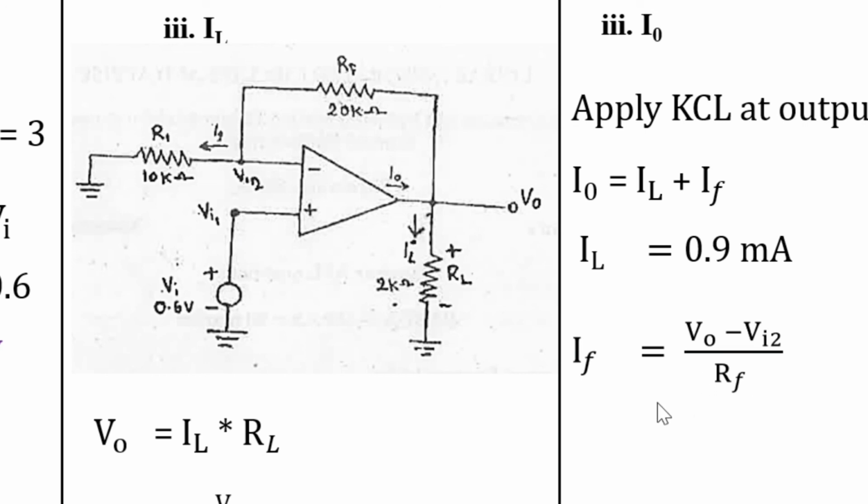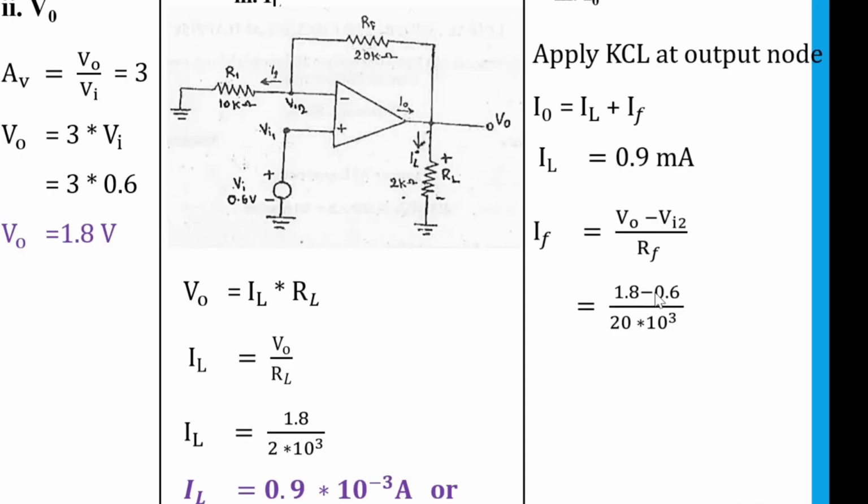Substitute the values here. V0 is 1.8, VI2 is 0.6, divided by RF value 20 kilo ohm, so 20 into 10 power 3. 1.8 minus 0.6 is 1.2. 1.2 divided by 20 is 0.06.